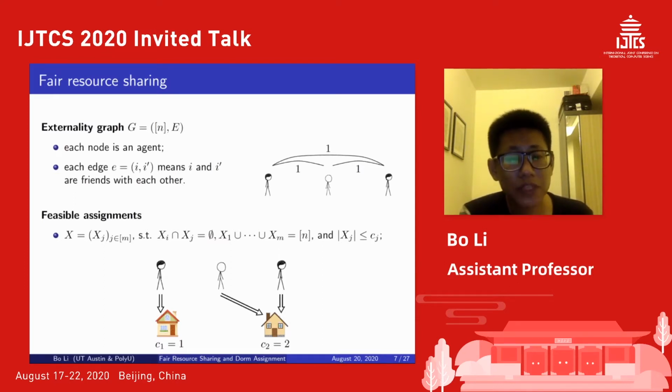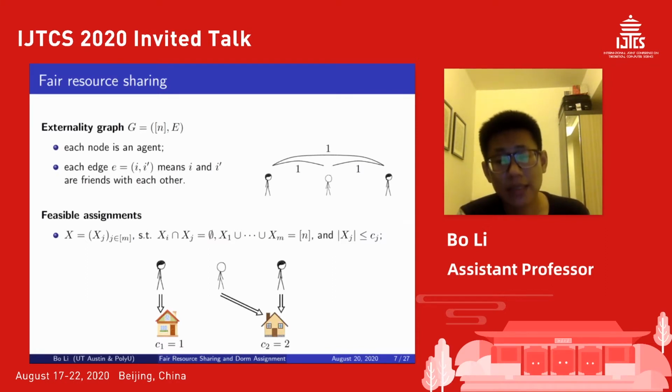With respect to feasible assignments, this is different from the classic setting. In the classic setting, an allocation is actually a partition of the items. But here, an assignment is actually a partition of the agents. So we partition the agents into m bundles and assign each bundle of agents to one resource. Because we assume the agents are unit demand, for every two sets of agents, the intersection is empty.